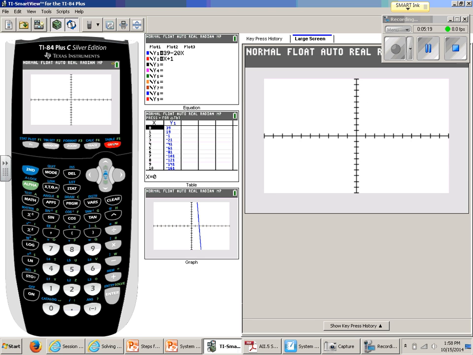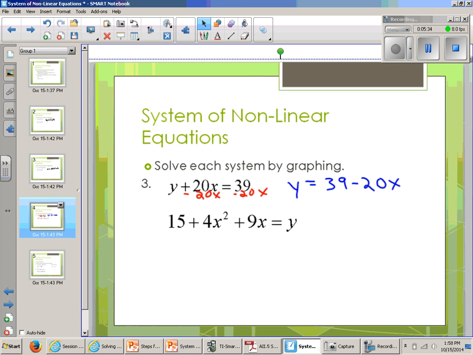Let's graph it. I don't see much of this graph, so let's go back. Y equals 39 minus 20x. Highest exponent's 1, so that's linear. And here we have highest exponent of 2, so that's quadratic. So I should see a u and a line.